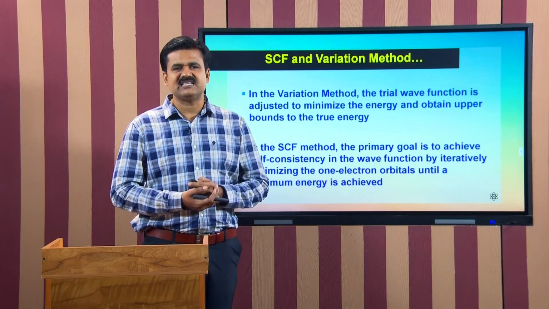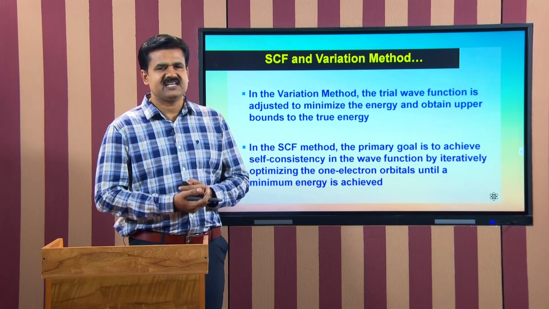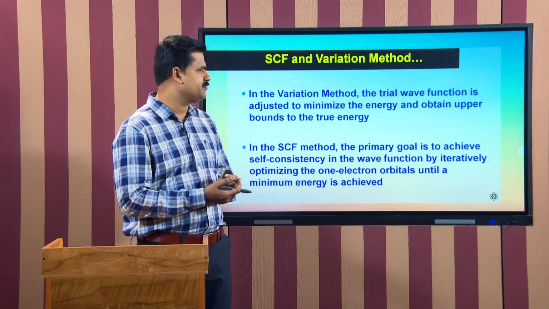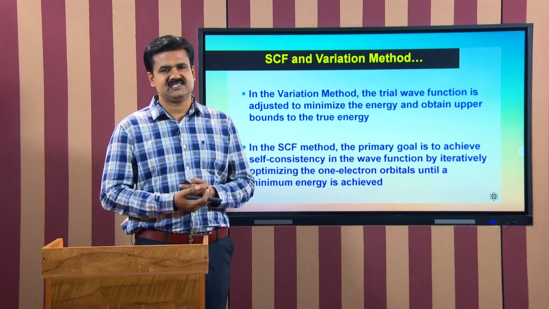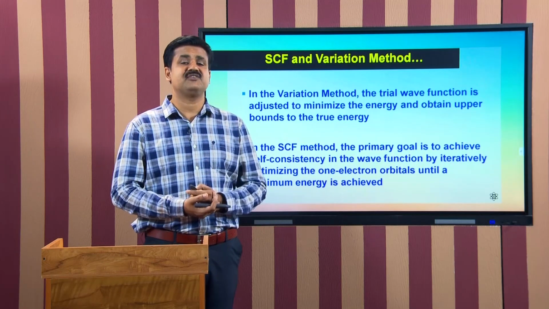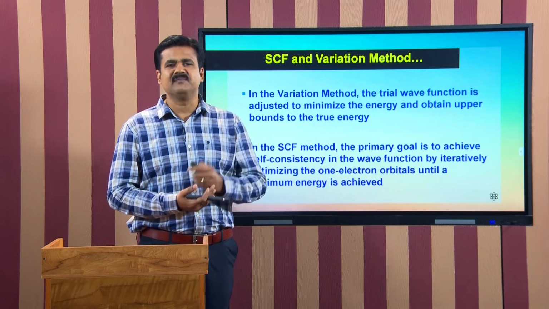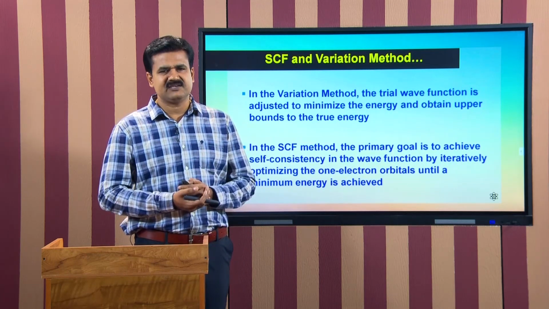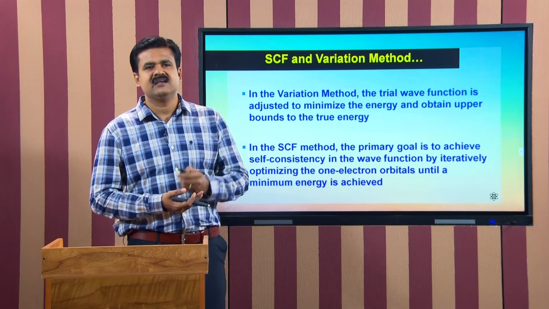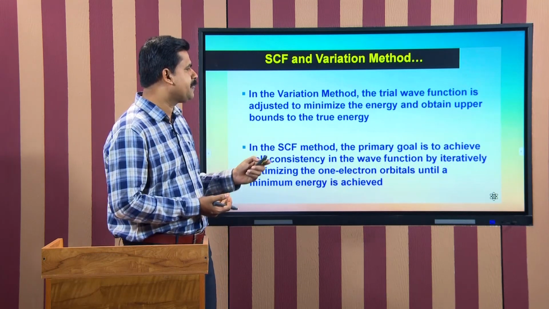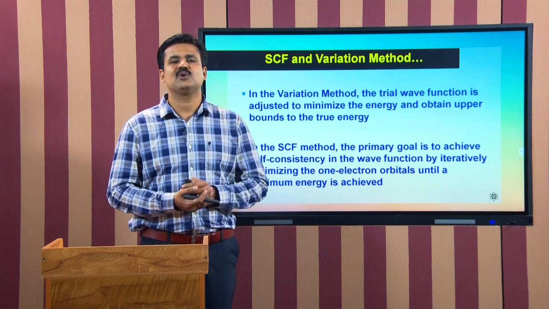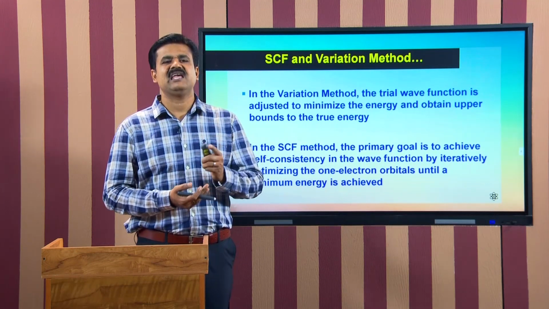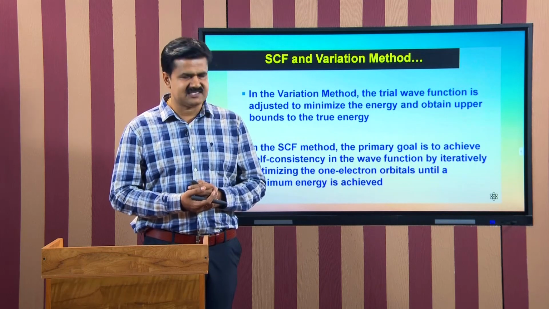In the variation method, the trial wave function is adjusted to minimize the energy and obtain upper bounds to the true energy. In the self-consistent field method, the primary goal is to achieve self-consistency in the wave function by iteratively optimizing the one electron orbitals until a minimum energy is achieved.